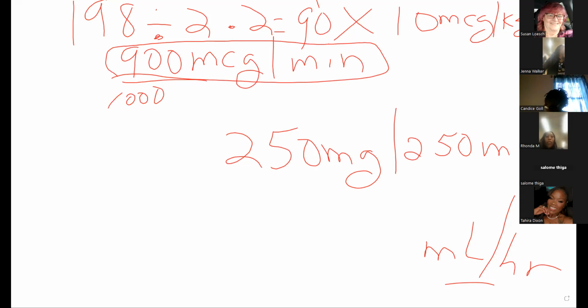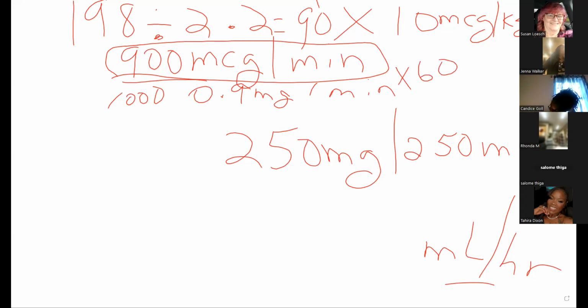Again, I'm always leaving everything in the calculator. From the time I start with that weight until I end the problem, I remove nothing. Okay? So that gave me 0.9 milligrams per minute. In order to get minutes to an hour, I have to do what? Multiply it by 60.